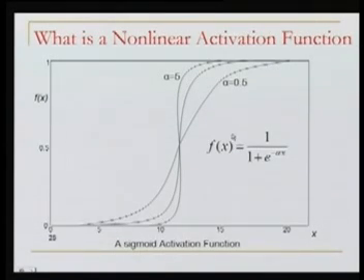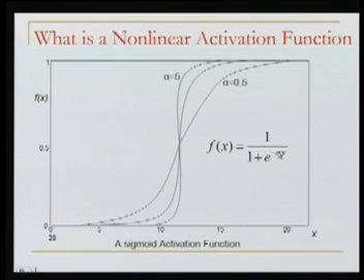The function varies from 0 to 1, and alpha determines either a sharp rise or a very slow rise from the 0 saturation level to the 1 saturation level. This is a nonlinear function.